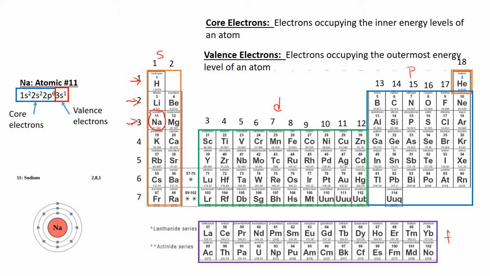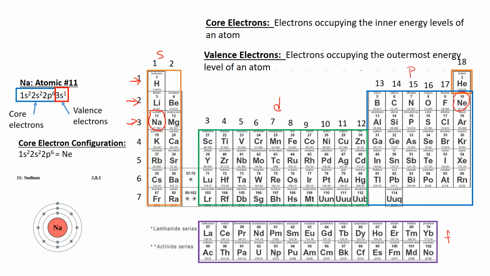So what the Noble Gas Shorthand does is essentially condense that core, which is usually the largest part of your electron configuration, into the noble gas that it represents. Because it turns out those inner rings will represent the noble gas of that element from the row above. In the case of sodium, that 1s2, 2s2, and 2p6 is the exact same electron configuration as neon. So that's the noble gas from the row above.